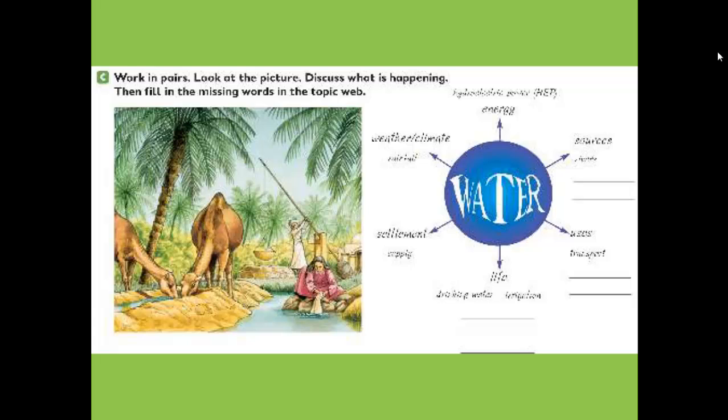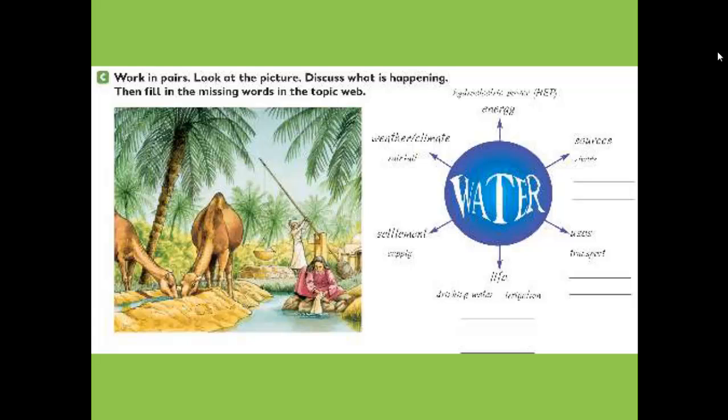The woman is washing her clothes, and this man, or this boy, let's say, is raising water using a rod or something. On the right we can see water in the center, and we have energy, sources, uses, life, settlement, and finally we have weather, climate.